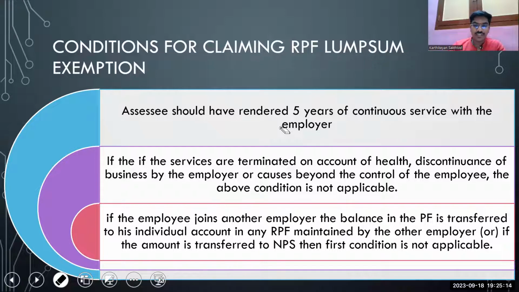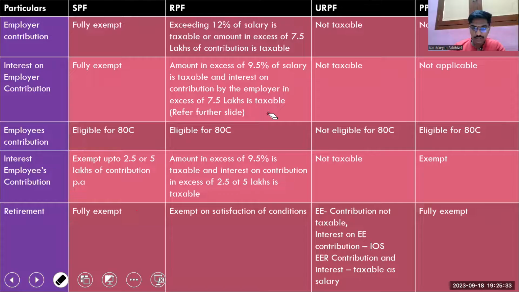But if the service is terminated on account of ill health or discontinuance of business by the employer or causes beyond the control of the employee, then this 5 years condition will be relaxed. So even though you have not rendered 5 years of service, the lump sum payment is not taxable. So this is in relation to the fourth point.